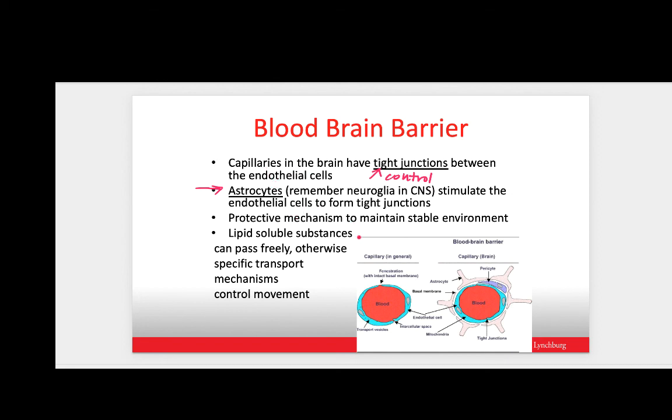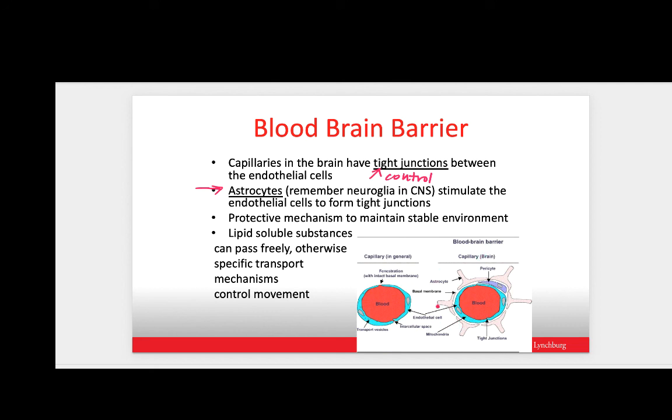This is very protective. This allows us to control what has access to our brain. And what we see is that lipid-soluble substances are able to pass very freely. Otherwise, for other substances, we need specific modes of transportation in order for that to happen.